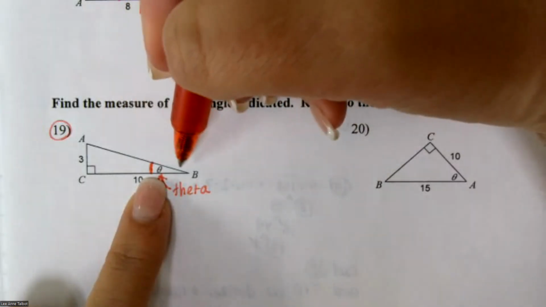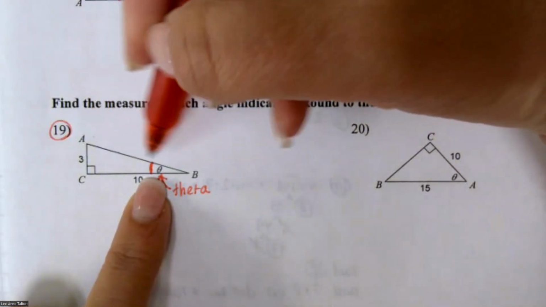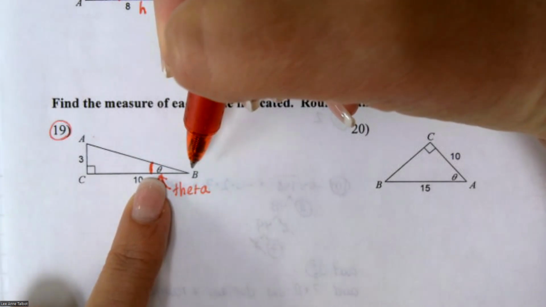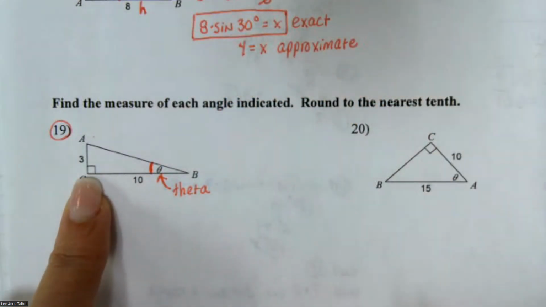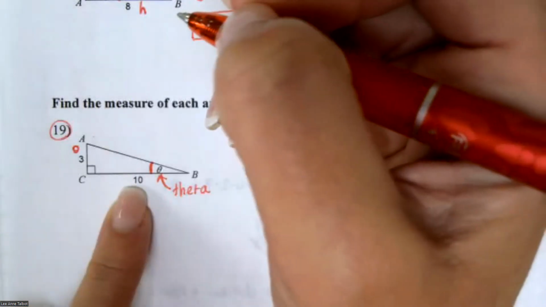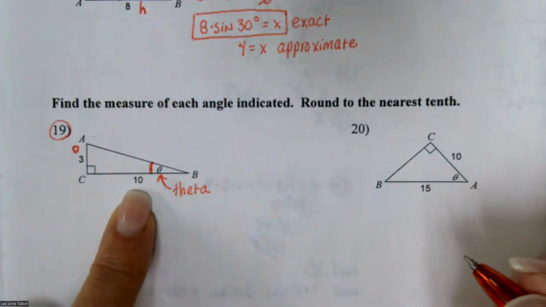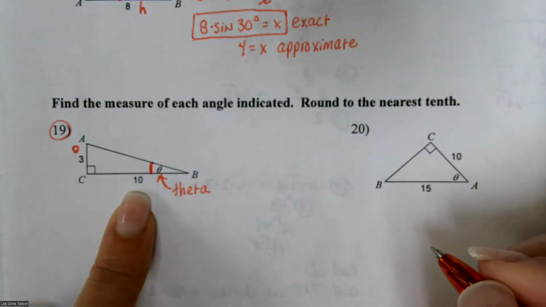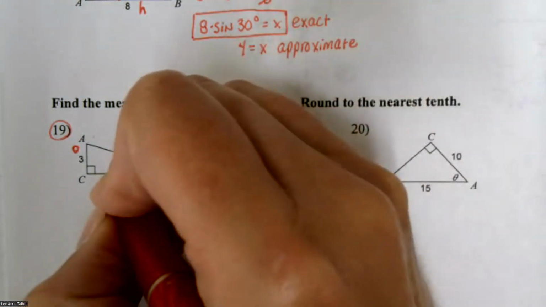Anyway, so I'm going to mark the angle visually because it's easier on my eyes. I noticed that there's no label on the hypotenuse, so I'm not going to put anything there. The 3 is opposite, and the 10 is adjacent. Okay.